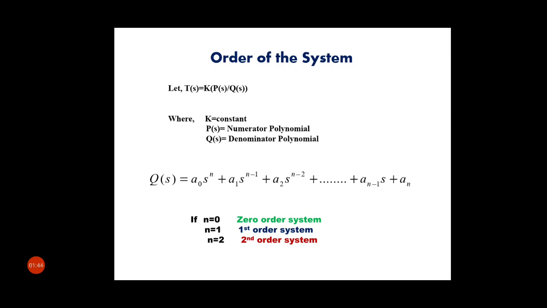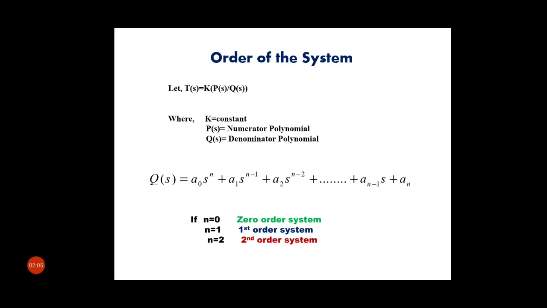Here I am not saying P(s) is output transform and Q(s) is input transform. Why am I saying P(s) is the numerator polynomial and Q(s) is the denominator polynomial?